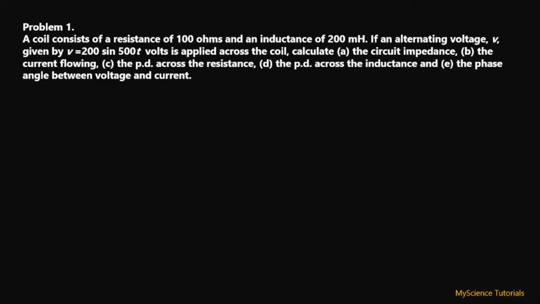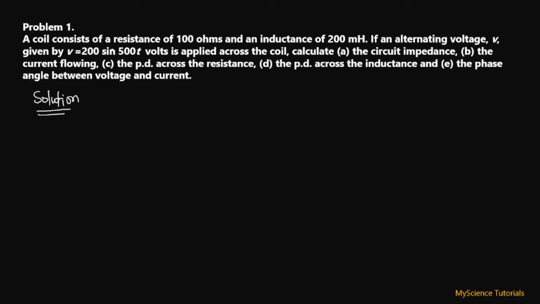If an alternating voltage V given by V is equal to 200 sine 500 t volts is applied across the coil, we are to calculate A, the circuit impedance, B, the current flowing through the circuit, C, the potential difference across the resistance, D, the potential difference across the inductor, and lastly E, the phase angle between the voltage and the current. So this is very simple. Let's go ahead and look at the solution for this particular problem.